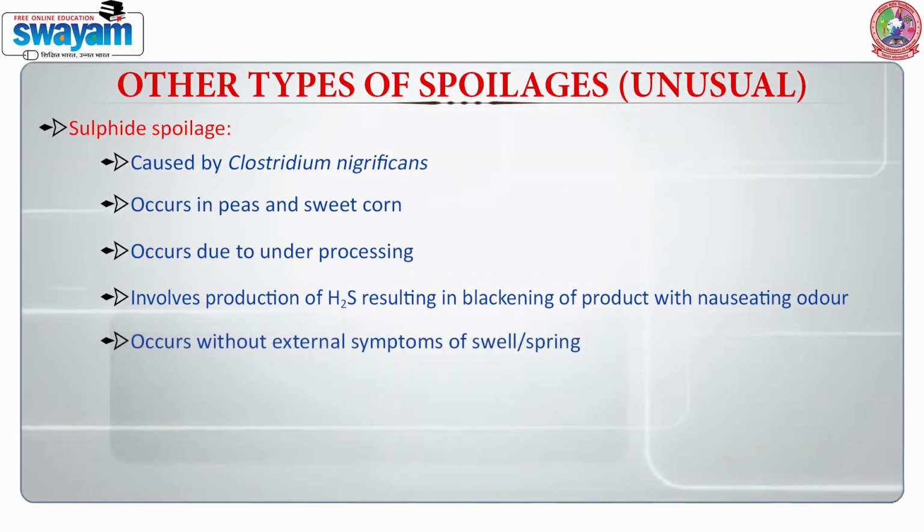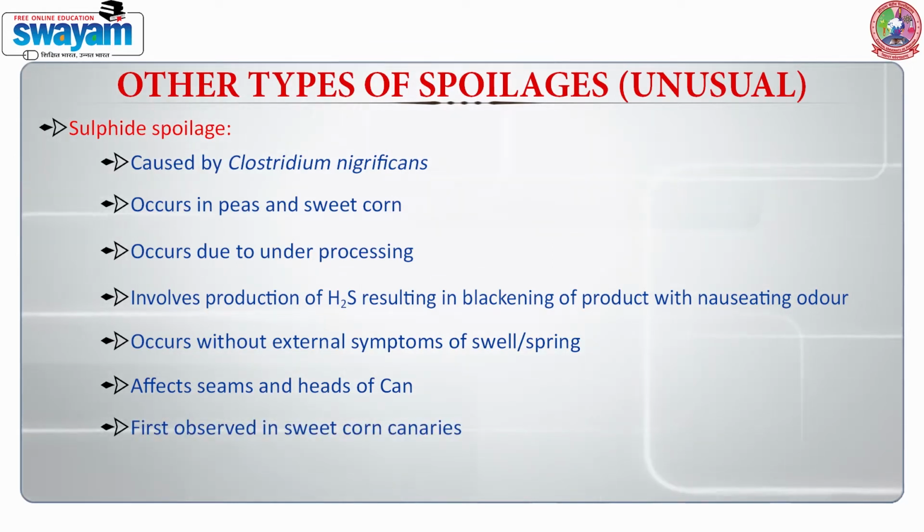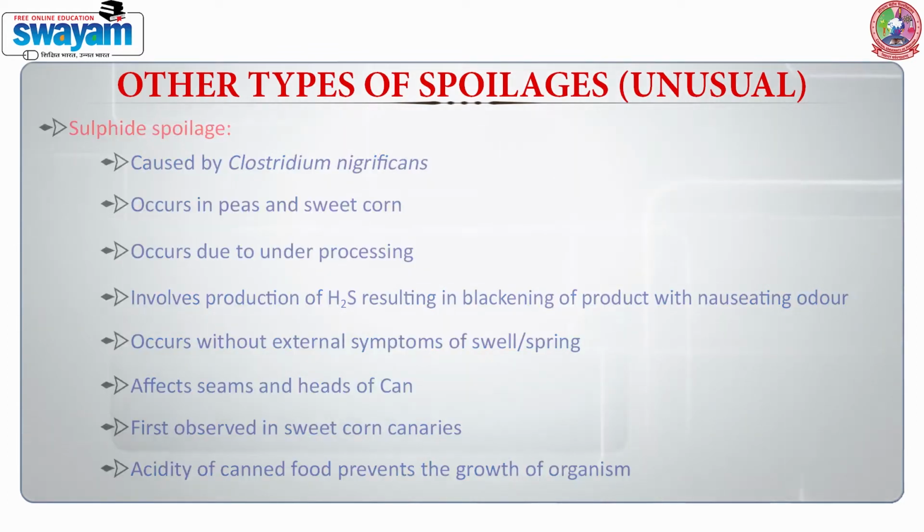It occurs without any external swelling or symptoms, and it affects the seams and head of the can. It was first observed in sweet corn, and the acidity of the canned food prevents the growth of the organism.